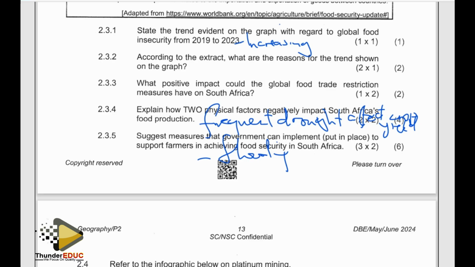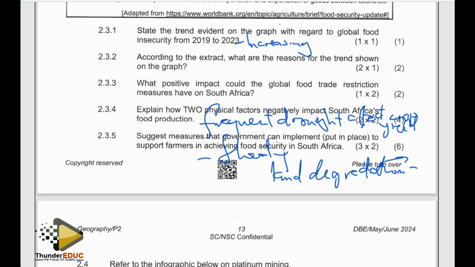Then we can also talk of other physical factors like land degradation. The land is gradually being degraded, and land degradation is contributing towards low yields. The soil is losing its fertility and is no longer productive enough to produce enough food. So that is going to contribute towards low yields again because of soil fertility loss.